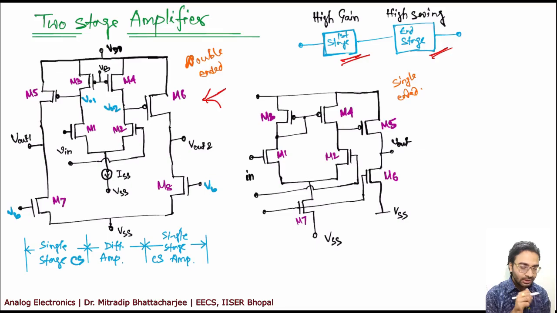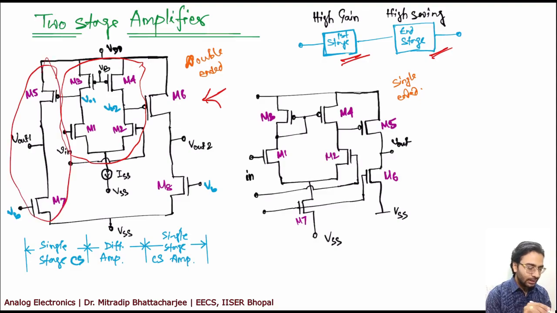Just to give you the idea of a two-stage amplifier, I have drawn the circuit wherein you can see that there are a total of 4 MOSFETs here in the differential stage, and then you have 2 single stage CS amplifiers.